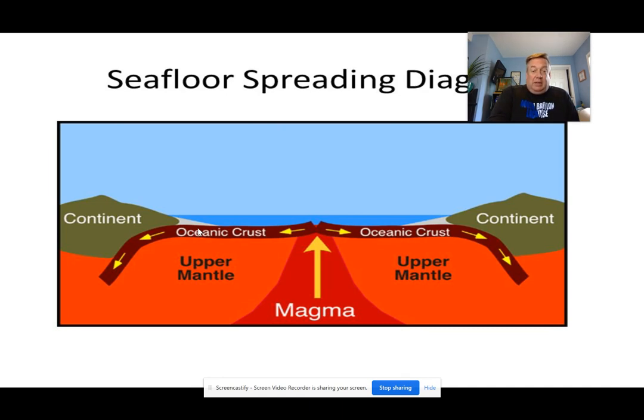Remember I said that when it hits, so I have the ocean and I have the continent, as the ocean comes towards the continent, it's going to go underneath it, because it's denser. That movement going underneath is going to push it, so the continents are going to start to move away from each other.